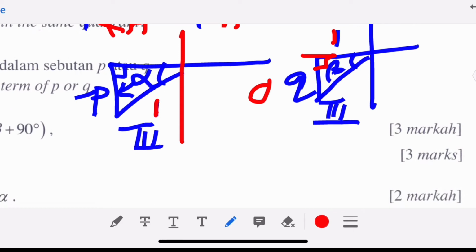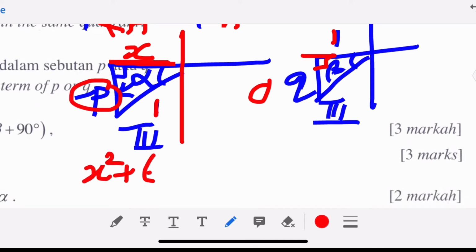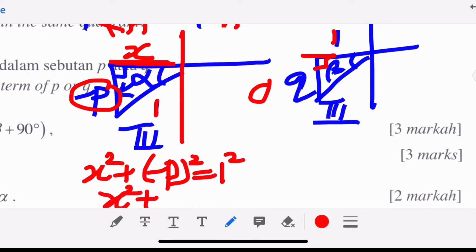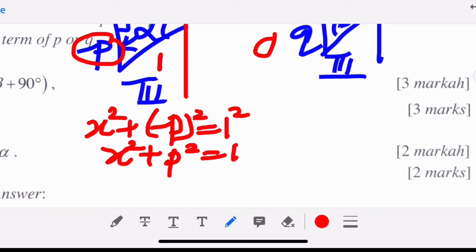So for this triangle, we have to find this side. Let's say this is x. Normally what we do is x squared plus negative p squared equals hypotenuse squared. So that means x squared plus, it's not minus, 1 squared is 1. So x is equal to the square root of 1 minus p squared.